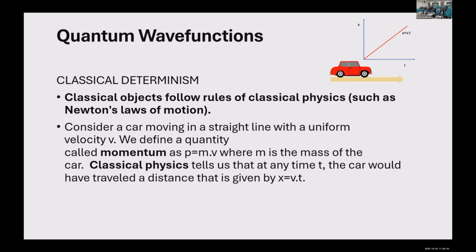Classical physics tells us that at any time t, the car would have traveled a distance given by x = v t, velocity times time. So it's kind of deterministic, right? How the car travels.